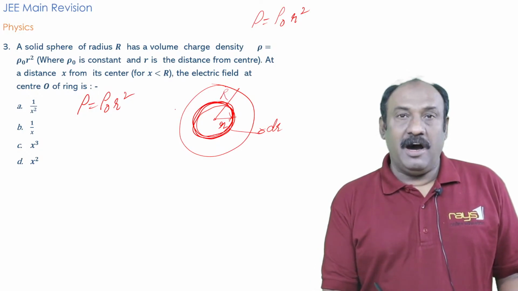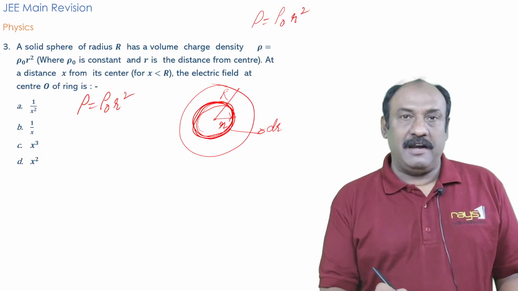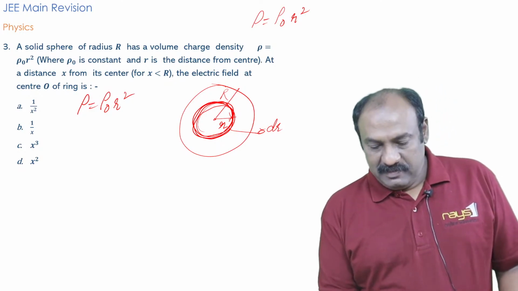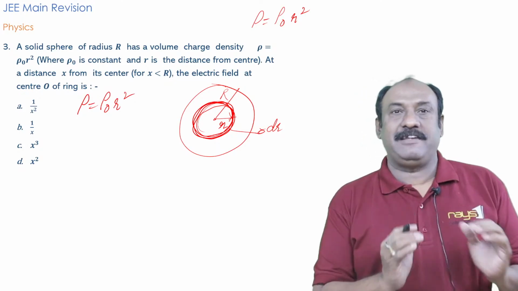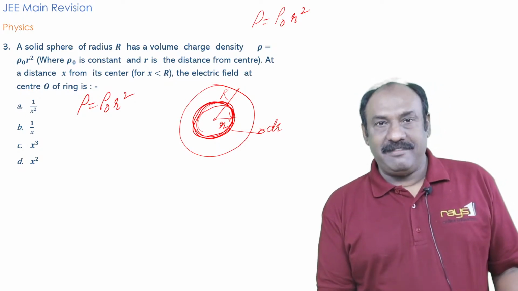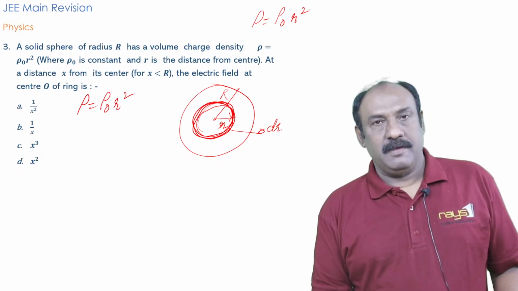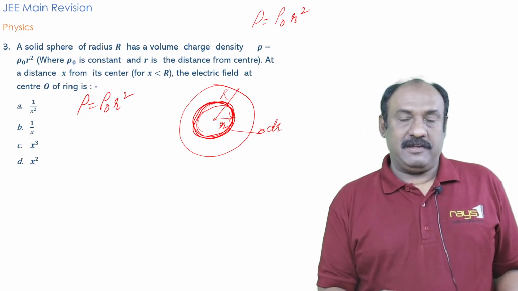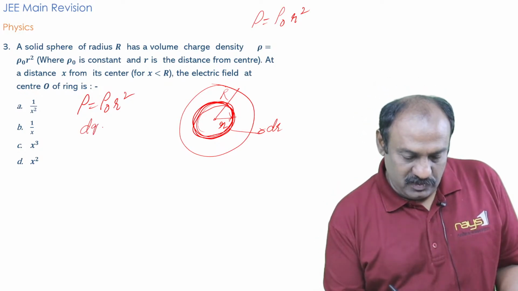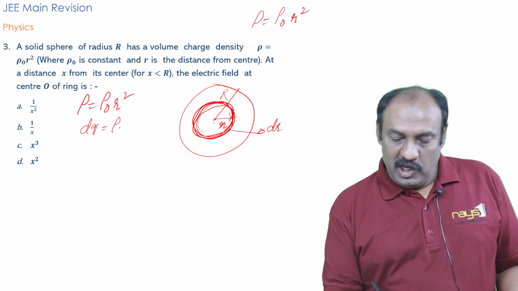Then what is the charge enclosed in this solid sphere? So this is the hollow sphere. Within this hollow sphere, what is the amount of charge deposited inside of the solid sphere of radius small r and that layer of thickness dr? That is dq equal to charge per unit volume into volume of this one. What is the volume of the solid sphere?